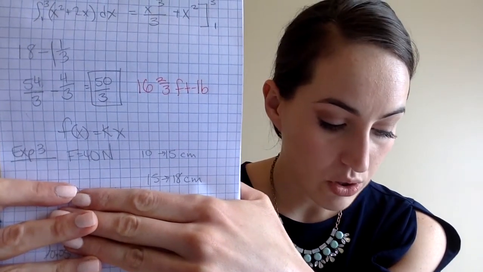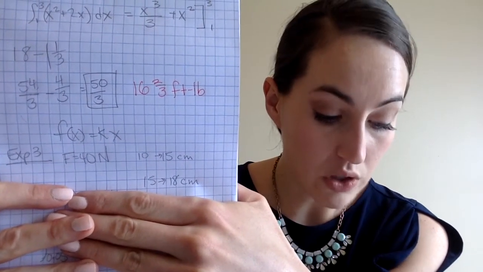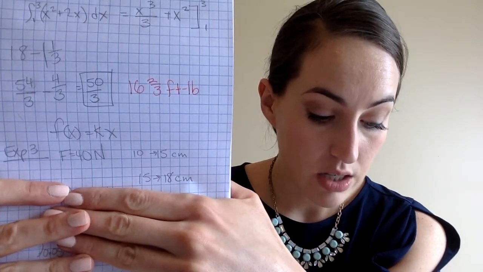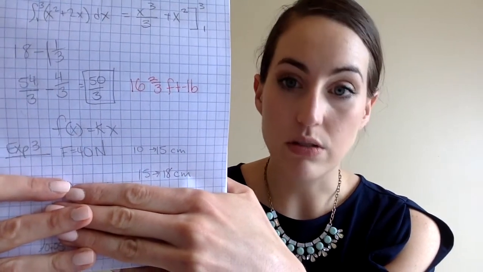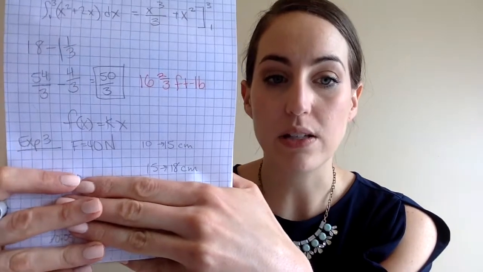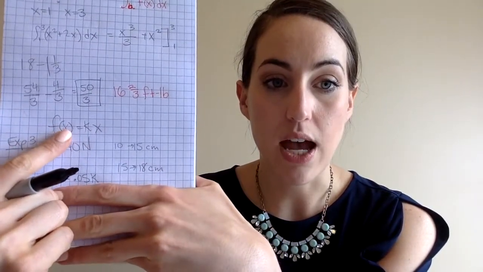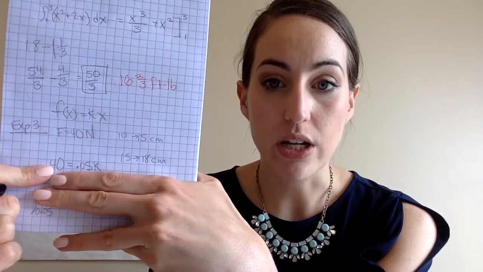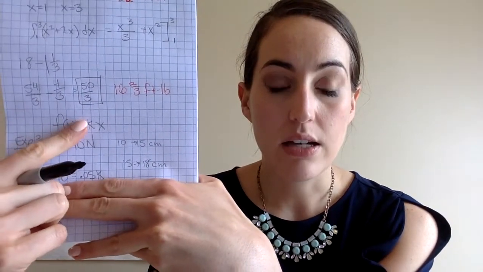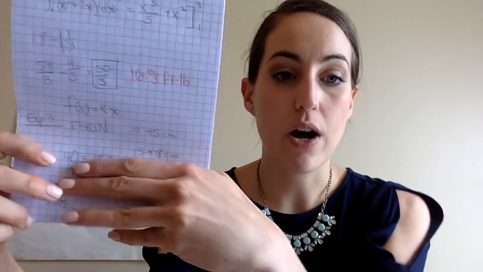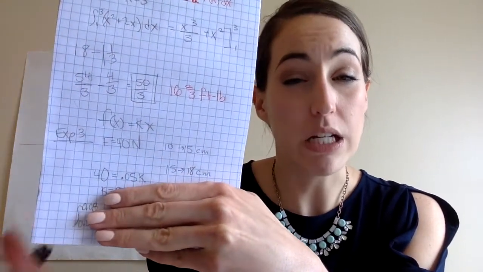And we first have to use Hooke's law to find the constant that the spring is being stretched. So I'm plugging in to f of x equals kx. So my force is 40, f of x is 40, and my k, this comes from, it has to be in meters.